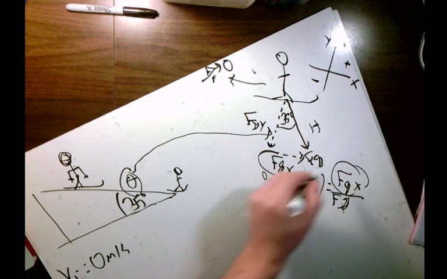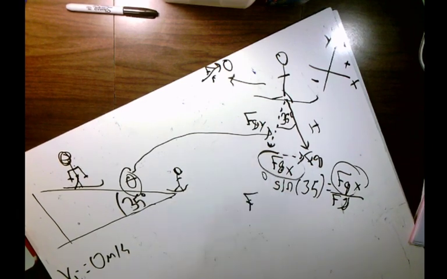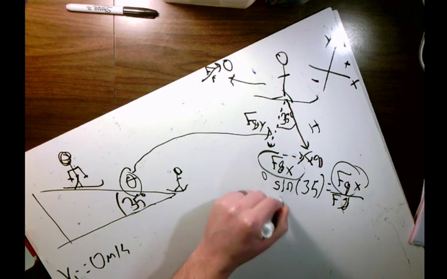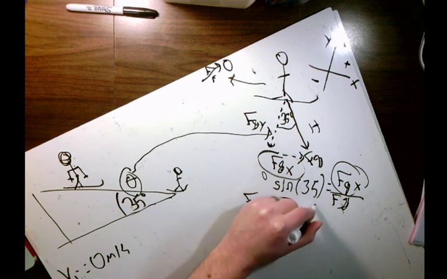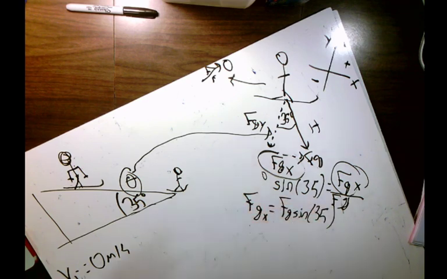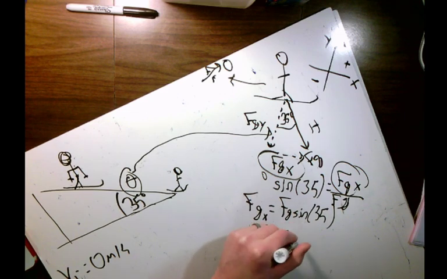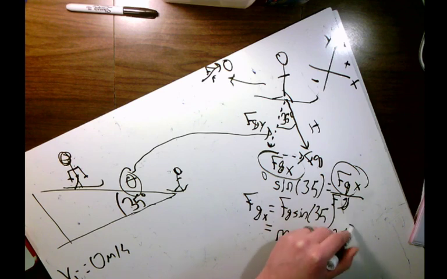So solving for that x component, because that's the only force acting in this horizontal direction, Fgx is equal to Fg sine of 35. And we can insert what Fg actually is. It's the mass times gravity sine of 35.